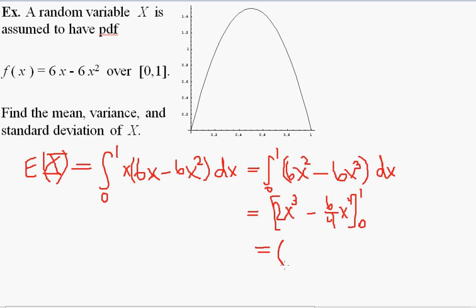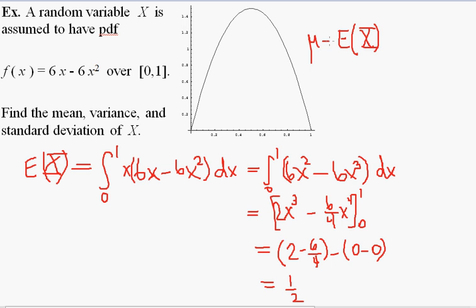Plugging in 1, we get 2 minus 6 fourths. Plugging in 0, we get 0 minus 0. So finally we get 2 minus 6 fourths, which is 1/2. And so the expected value of x, which of course is the same thing as the mean, is equal to 1/2.